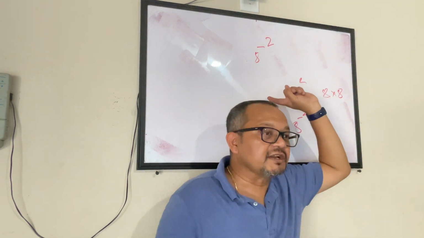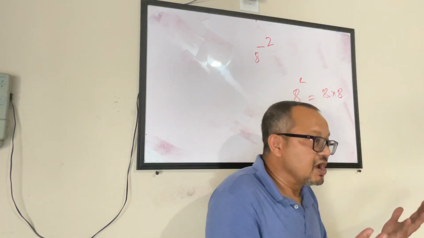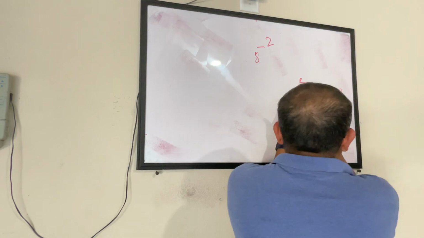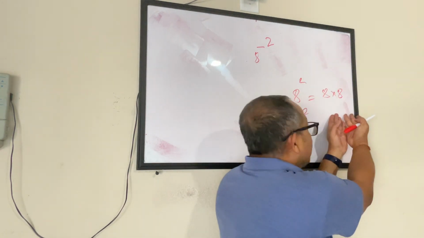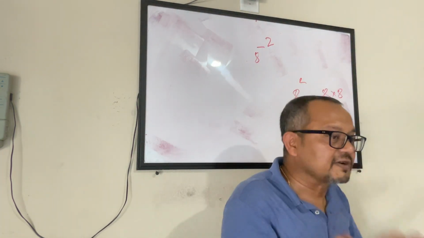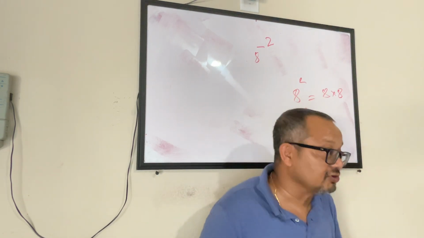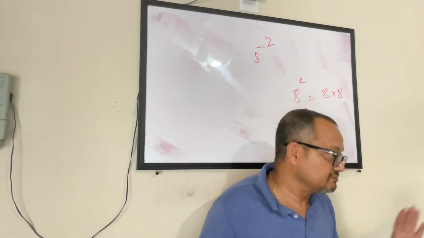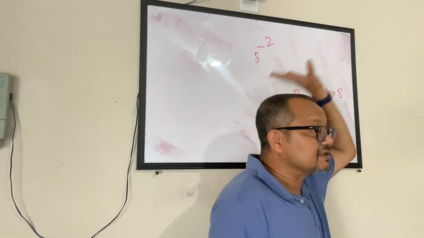If I have a to the power 2, what does it mean to me? This is very simple, I can read this. If I have a to the power minus 2, what does it mean to me first of all? Whether it's negative, positive, square root, decimal, that will be later. How do I read this? How do I understand this first?